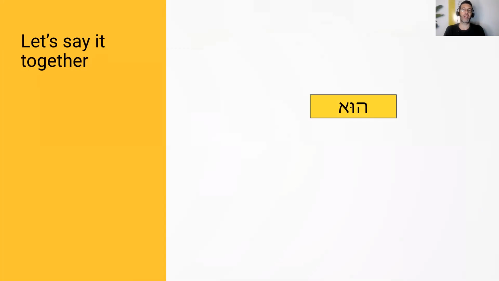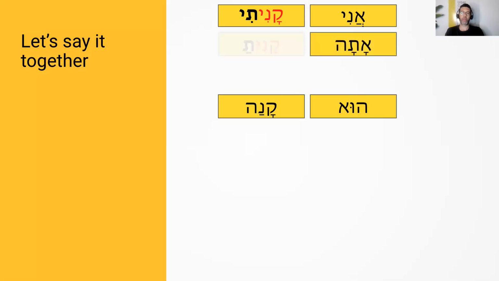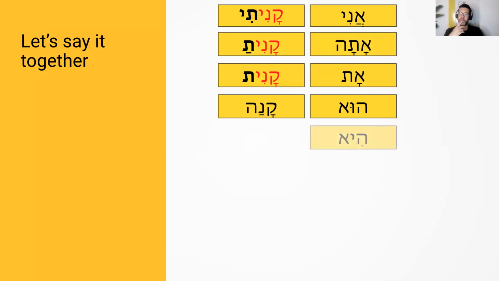So now let's say together, הוא קנה, אבל אני קניתי. Say it again. הוא קנה ואני קניתי. Here's the yud that I was talking about instead of the hey, and there's the vowel that has been changed. It's not a sound anymore, but a e sound. קניתי. אתה קנית. את קנית.